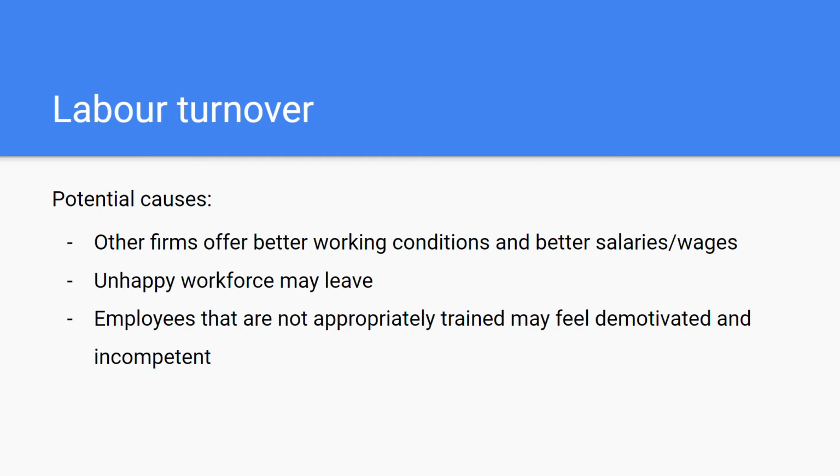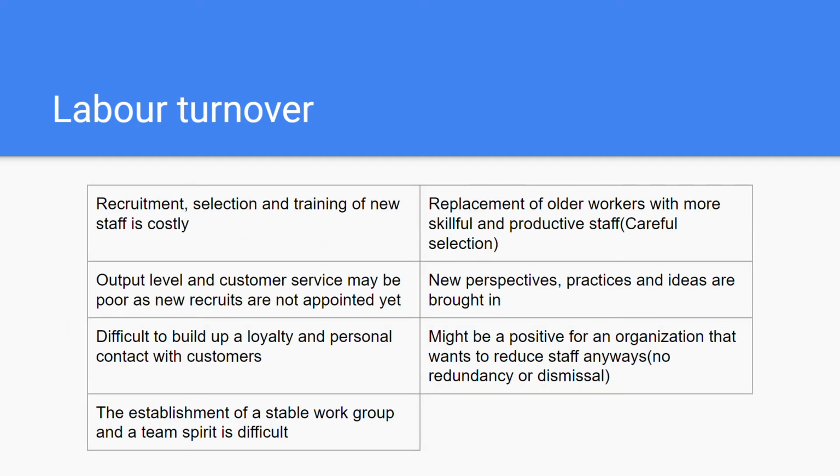This also has to do a bit with Maslow's hierarchy of needs, as they get demotivated because they are not appropriately trained. This will also be coming up in one of the next videos where I'll be talking about training. So please look out for these videos.